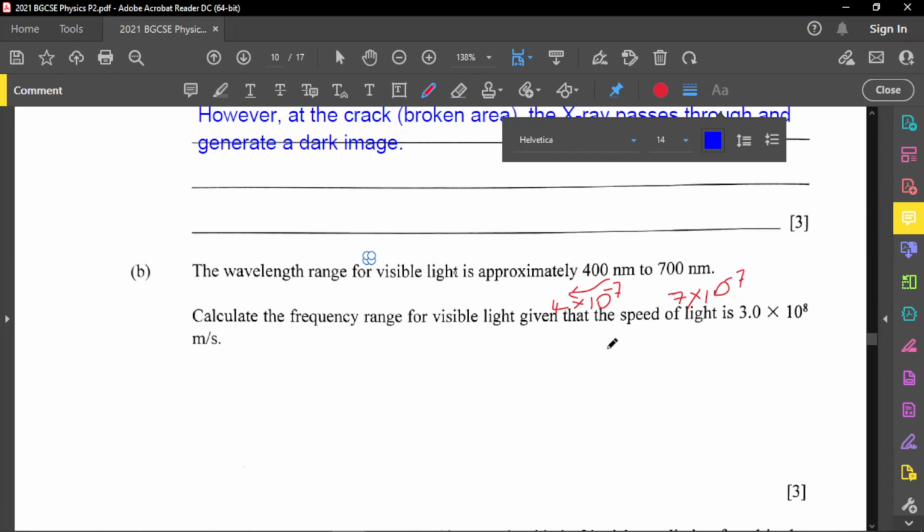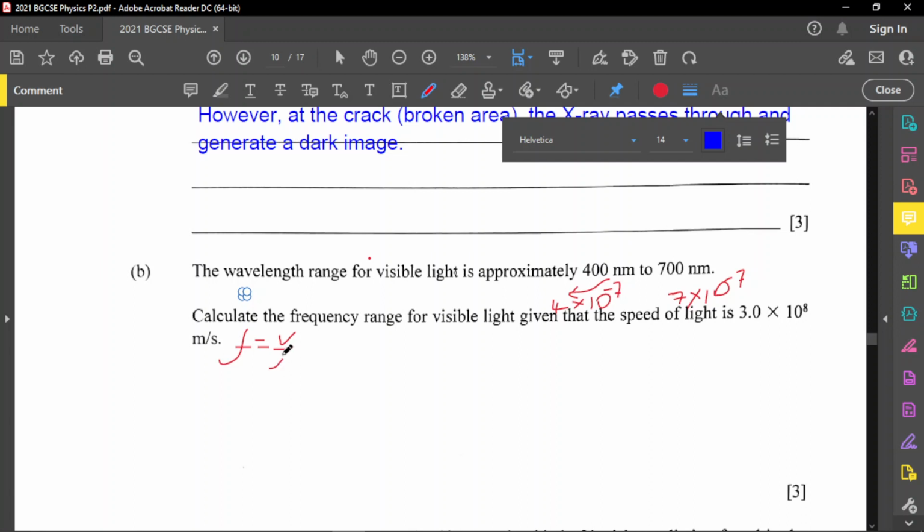All right, so once we have those conversions, what you need to do now is calculate the frequency at each point. And remember what frequency is equal to. The frequency is equal to speed over wavelength, because speed is equal to frequency times wavelength.